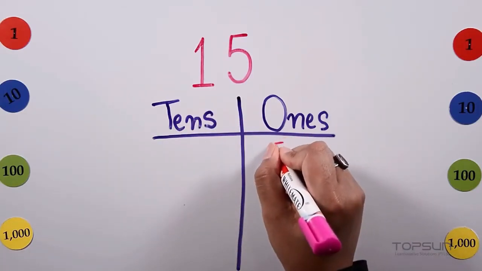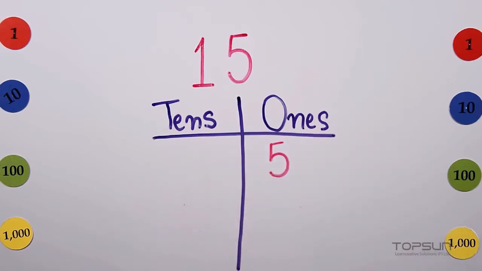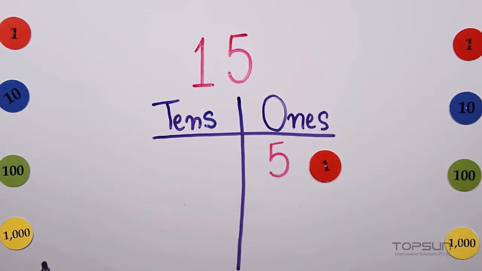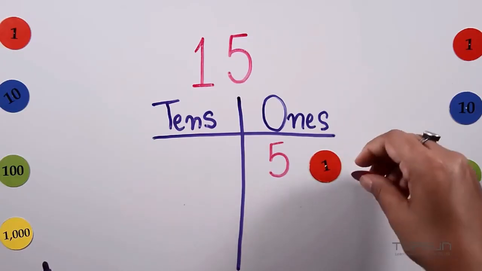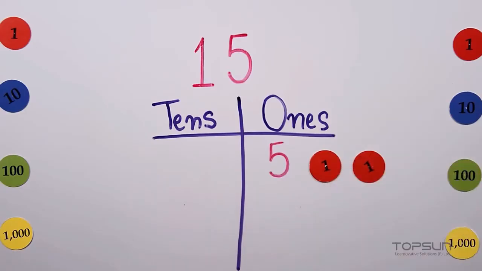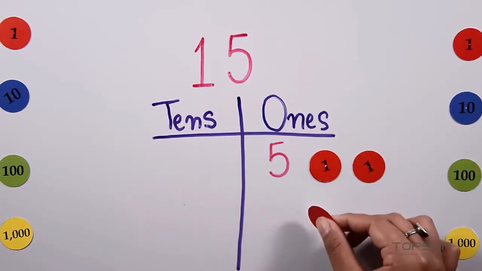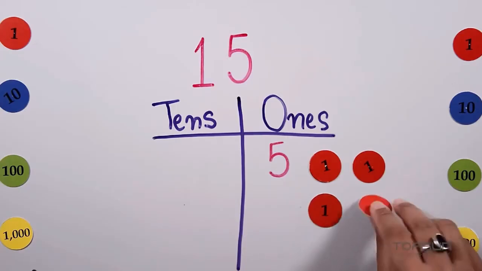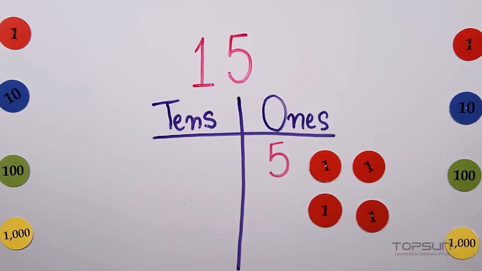Now we place our 5 under ones and we place 5 one disks, our colored round disks, so learners have a visual representation of 5 ones, and this model will help them connect what 5 ones really means, like this.